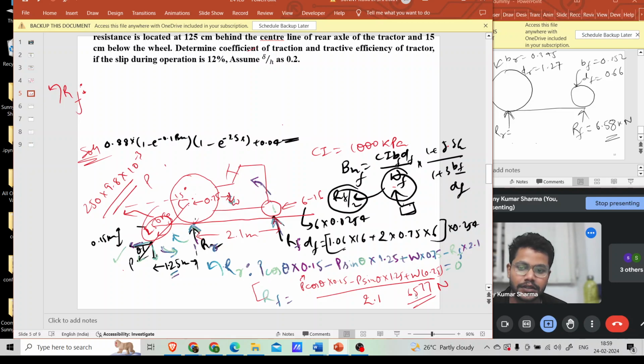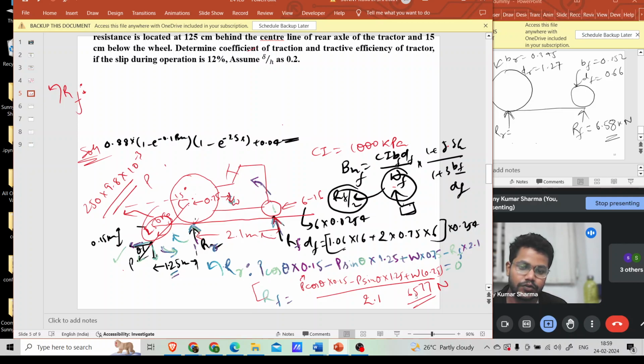There are four terms. We are taking the moment around RF. So what will be the direction of P cos theta? Suppose at 0.15 meter, P cos theta is acting in this direction.